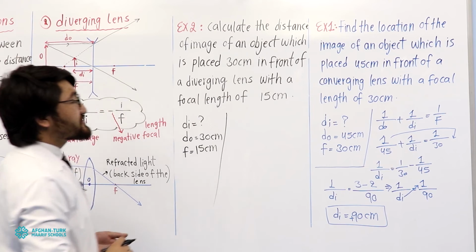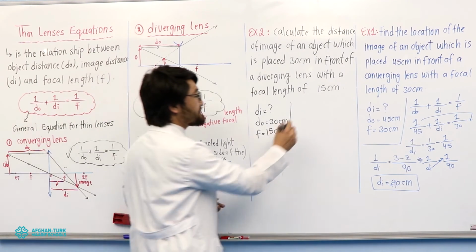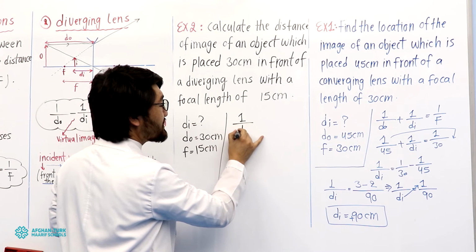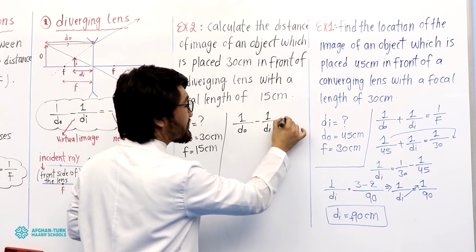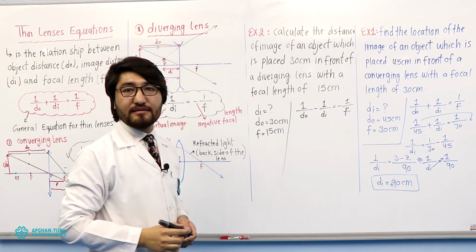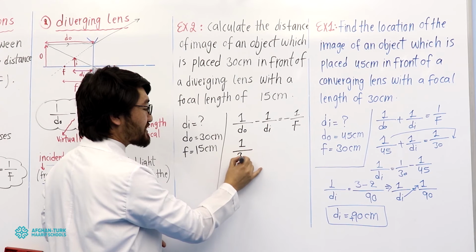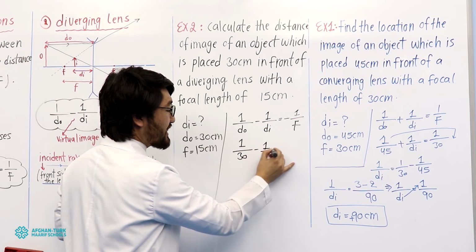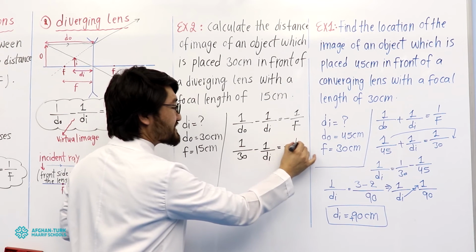And okay, for a diverging lens we have this equation: 1 over DO minus 1 over DI is equal to minus 1 over F. 1 over DO, 30, minus 1 over DI. What is F? 1 over 15.